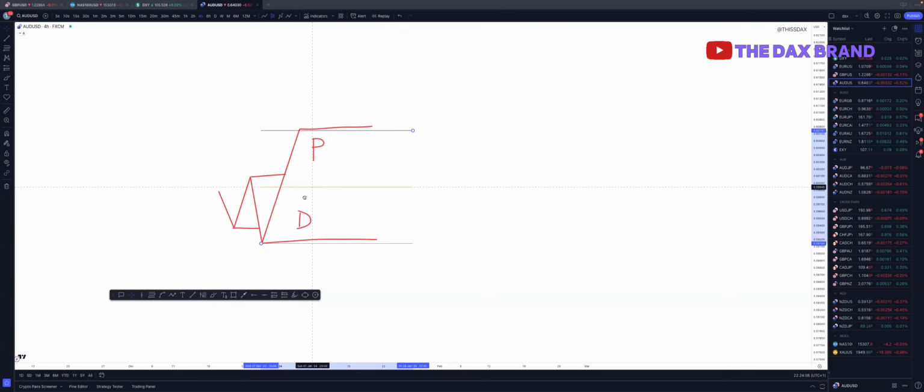Now to get an accurate entry here, you see the points of the break, that break of structure, you put your Fibonacci tool from the break of structure down to the higher low. Now whatever happens here, I don't want to trade it.